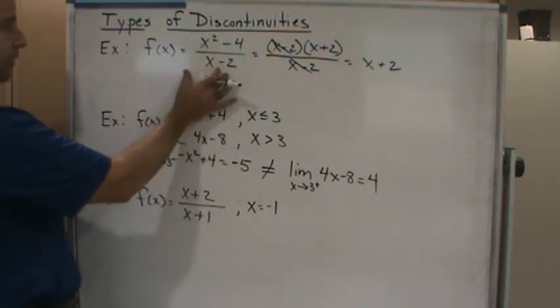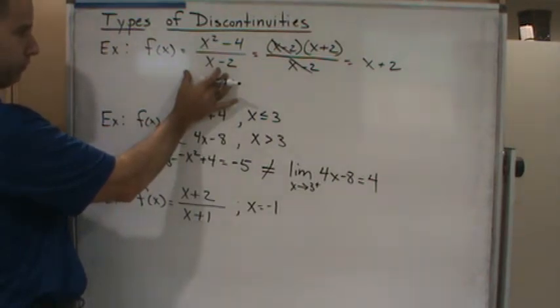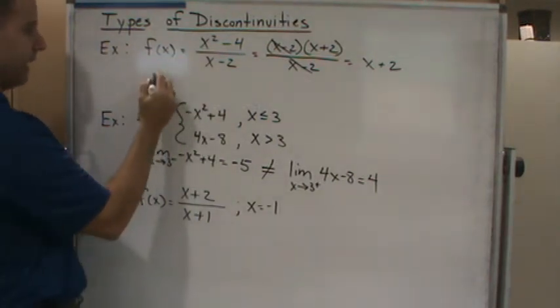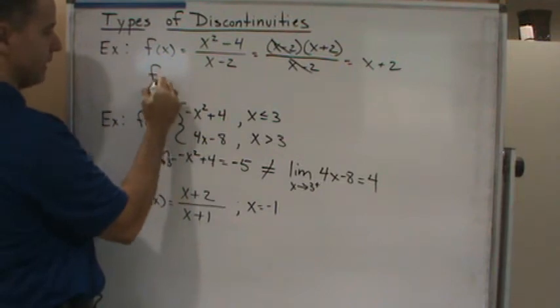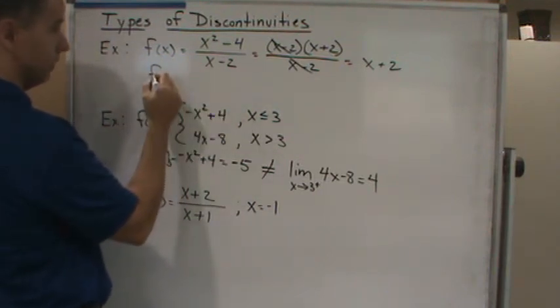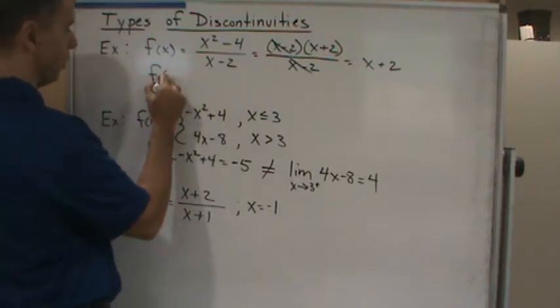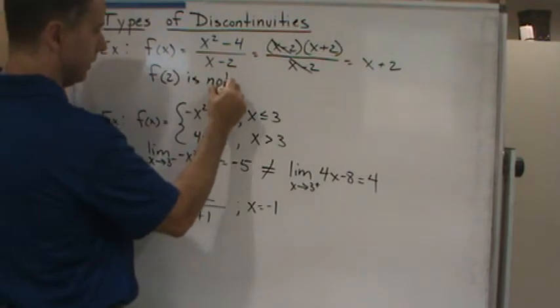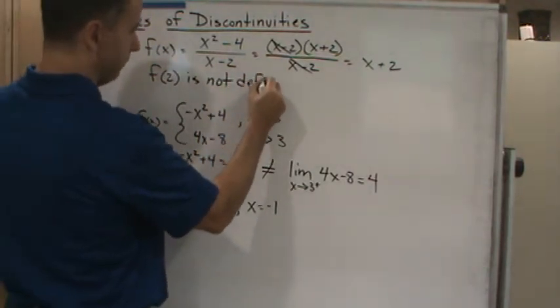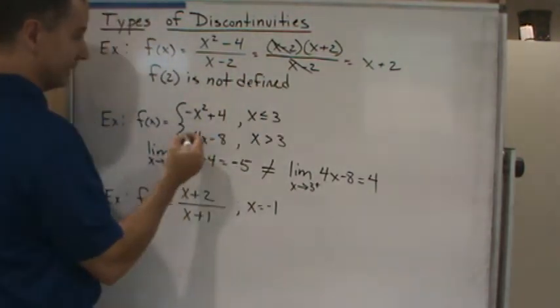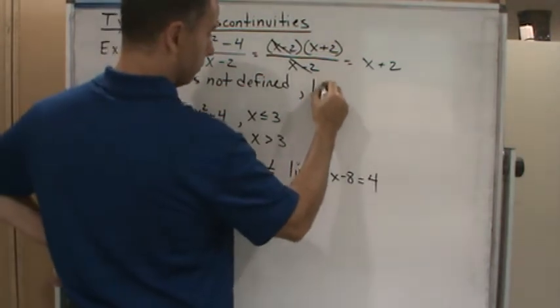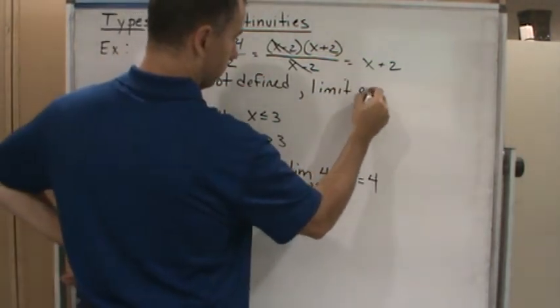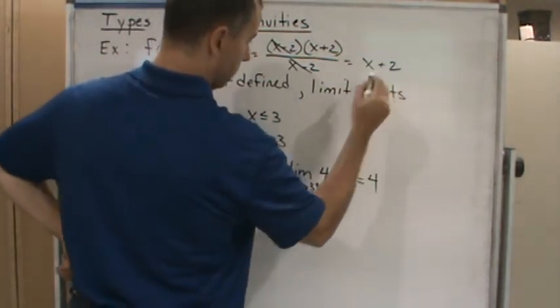So far, this is removable. Okay? It's not defined at 2. Remember, it's not defined at 2, but the limit exists at 2, right? So f of 2 is not defined here, but the limit exists. Okay?